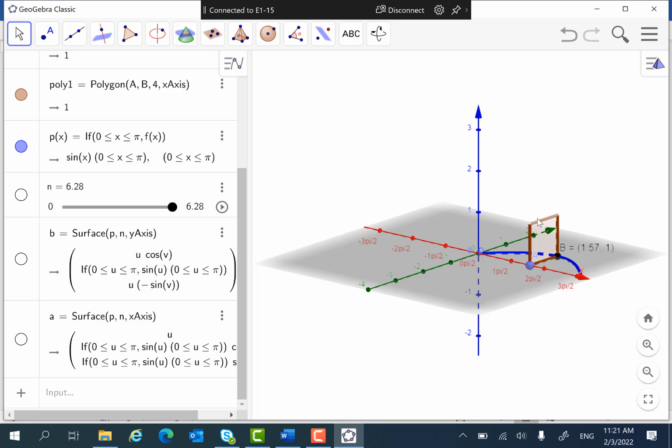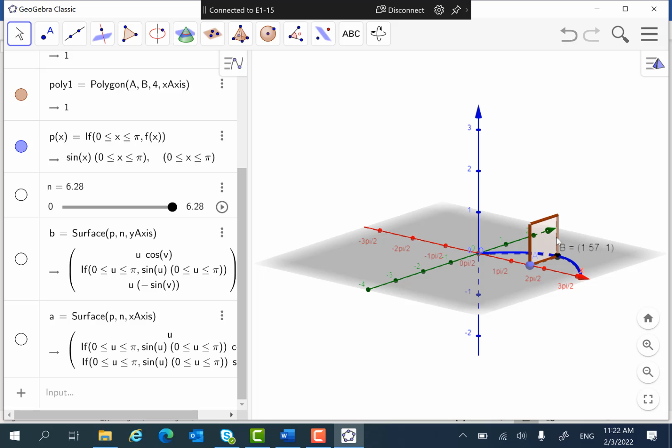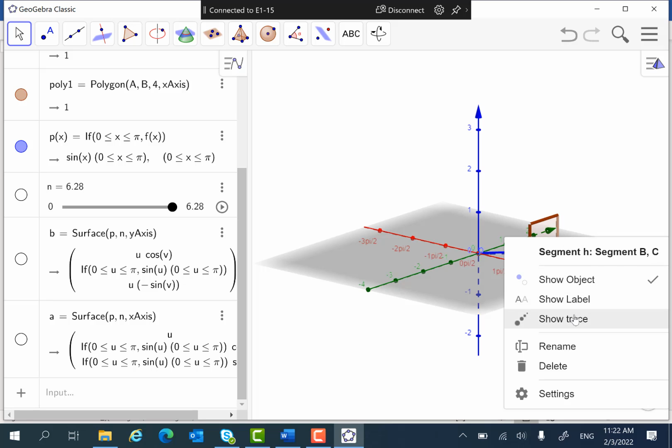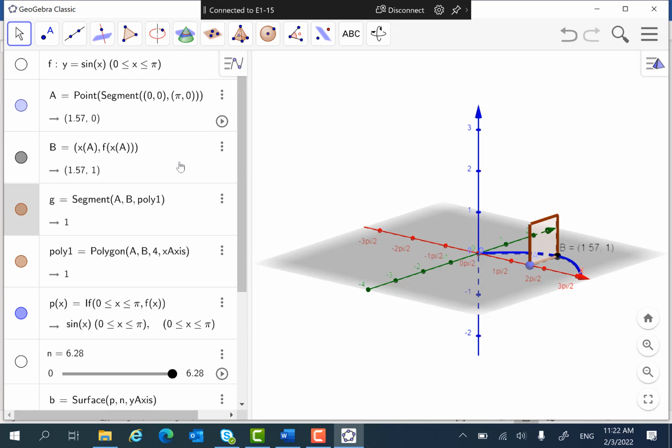I click on this and say show trace, and this one show trace, and then she created an animation so that we can view how the squares change in size, and boom, quite cool, right?